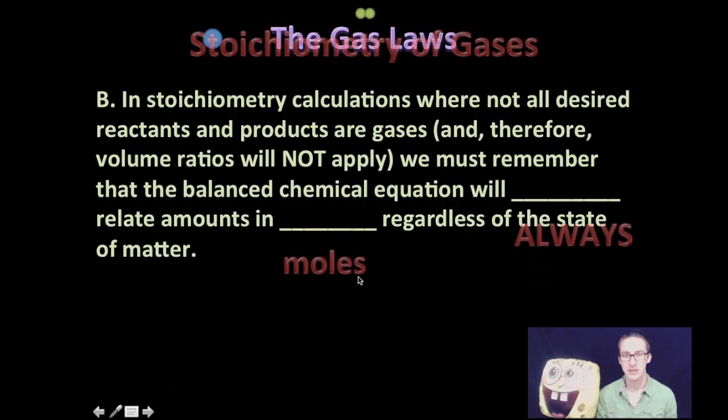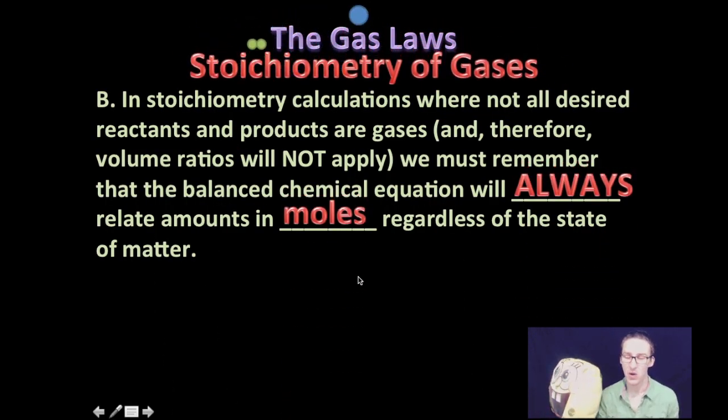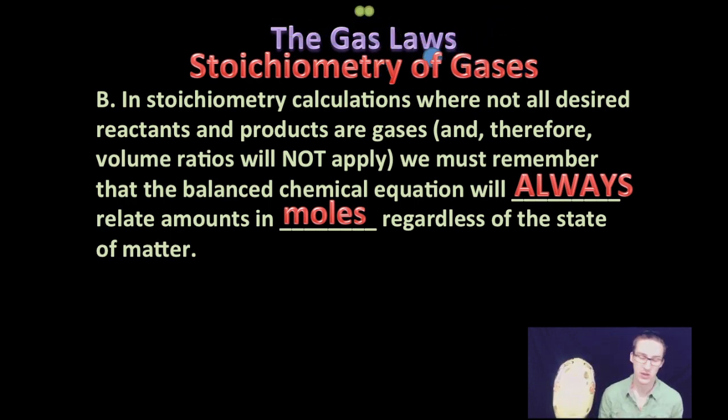Gases only. Now, it's really important to keep in mind that that only applies to gases, and many times you are working with equations where not everything is a gas. So we must remember that the balanced chemical equation is always going to relate the amount in moles regardless of the state of matter. So it doesn't matter if it's a solid, liquid, or gas, coefficients will always represent moles.